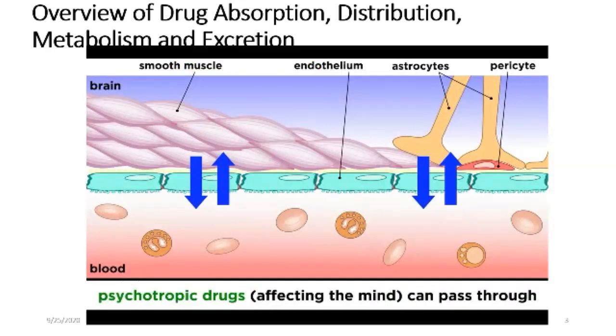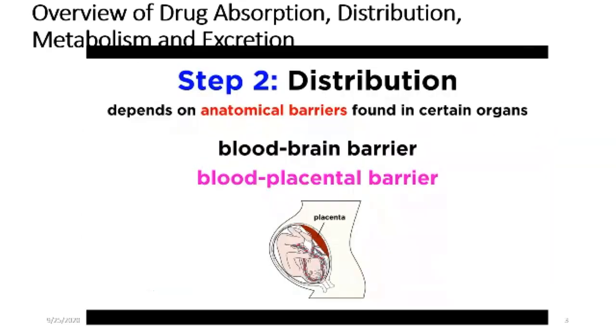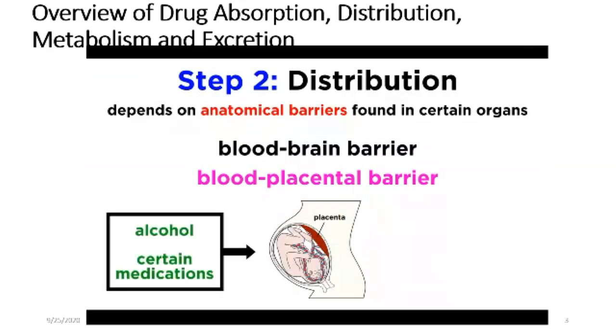Some drugs will not be able to surpass this barrier, while others will, such as psychotropic drugs or those affecting the mind. There is also the blood-placental barrier that regulates which substances can pass from the bloodstream of a pregnant woman into the fetus. There are, however, a number of substances that are able to pass through this barrier that can still do harm to the fetus, such as alcohol and certain medications.